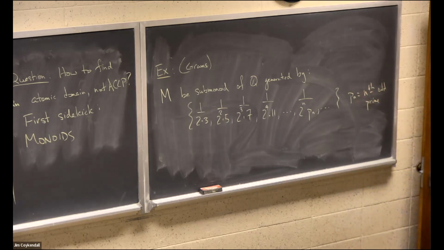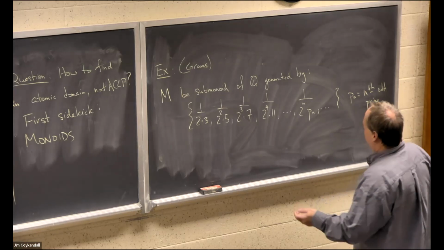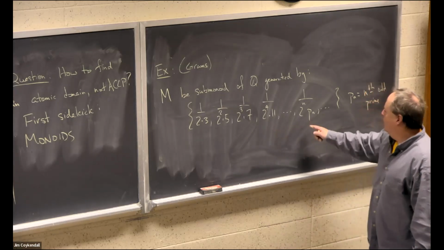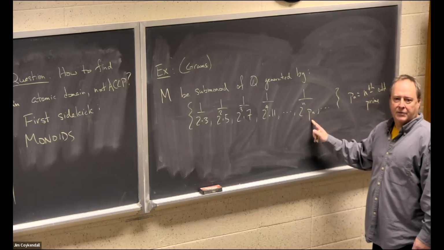So look at the submonoid of Q that's generated by this, and when I say generated by, I mean zero is in there too. Generated by 1/6, 1/20th, 1/42nd, etc. So in general, 1 over the nth odd prime.